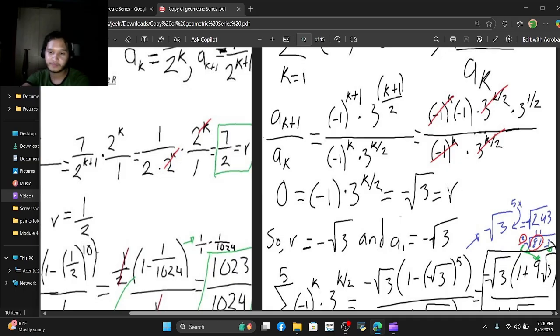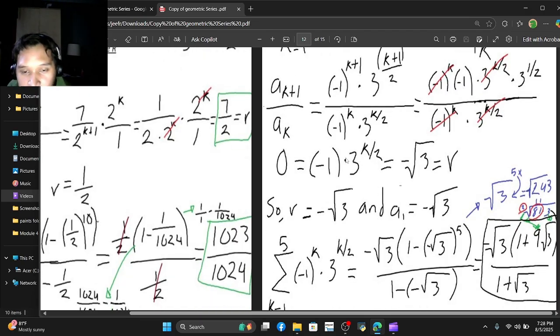We want to know what the ratio is. So okay, let's simplify. We have this, we have this. Now on the bottom we have 1. So we have negative 1 times 3 to the k divided by 2. Now what I did here is convert, because we want to know what the ratio is.